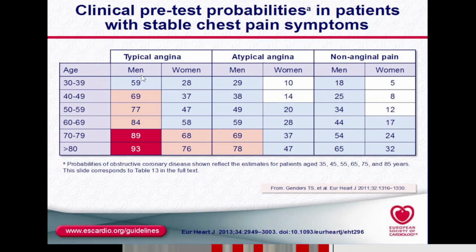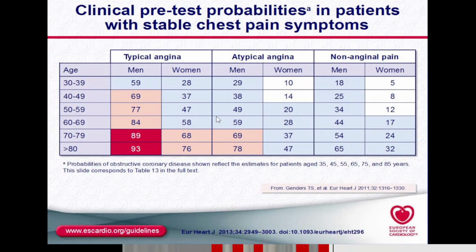Look here, please. At a rather young age, with the clinical picture of typical angina, the probability of real angina is less in women, especially in atypical angina and non-anginal pain.